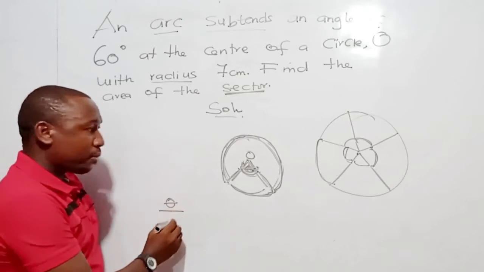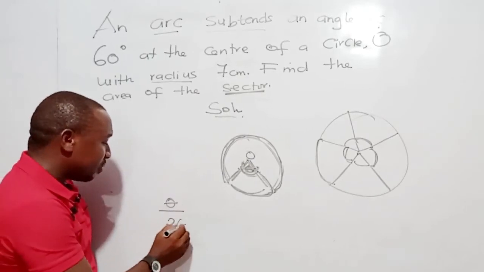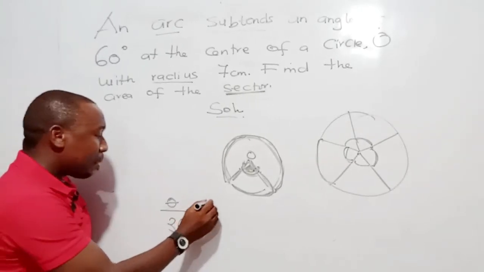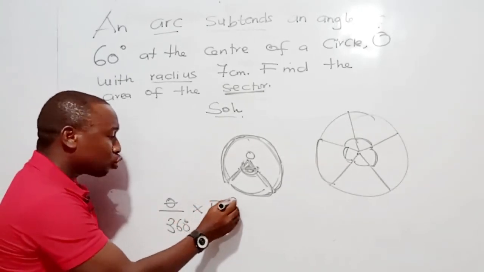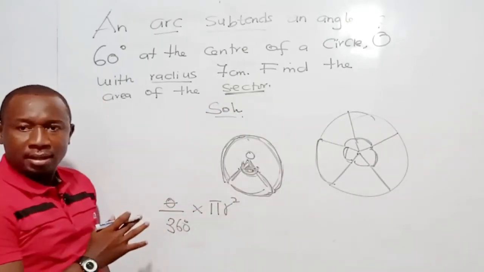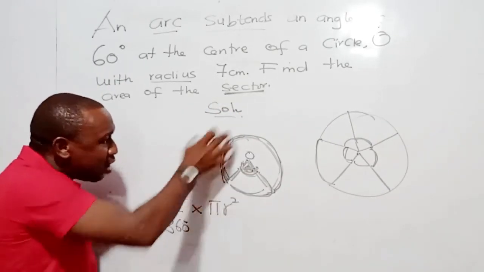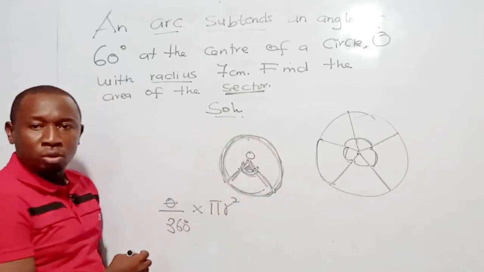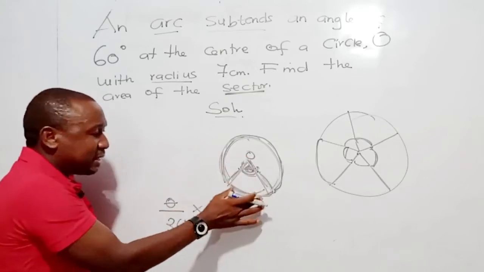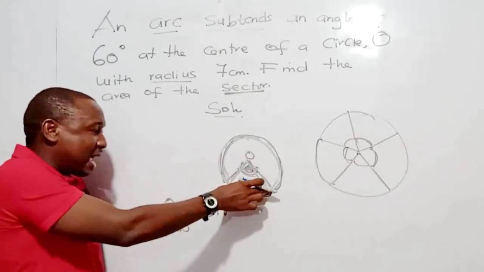Out of 360 degrees times pi r squared. So out of the whole area, that is the whole circle, we want to find the area of this particular sector.